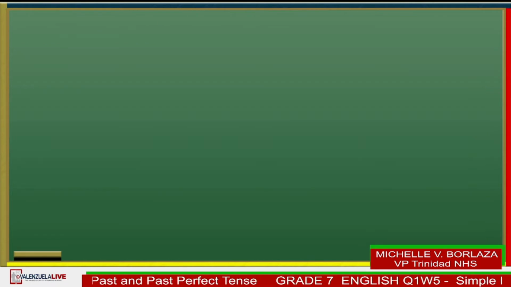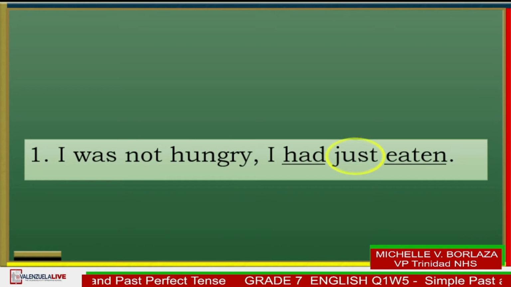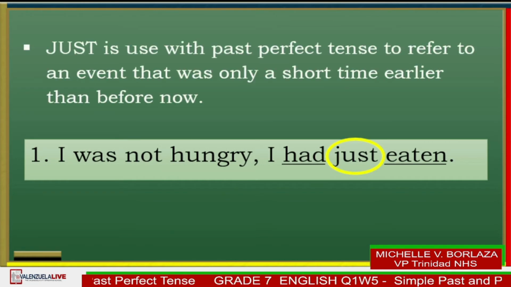In sentence number 1, I was not hungry, I had just eaten. Just is used with past perfect tense to refer to an event that was only a short time earlier than before now.